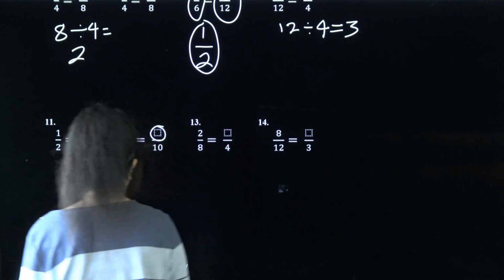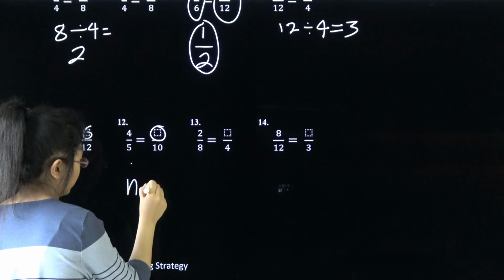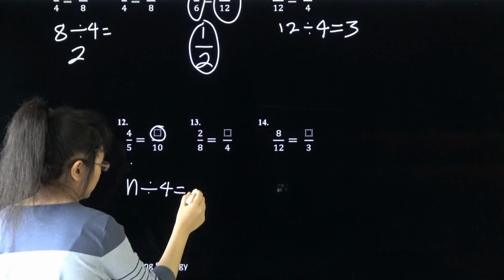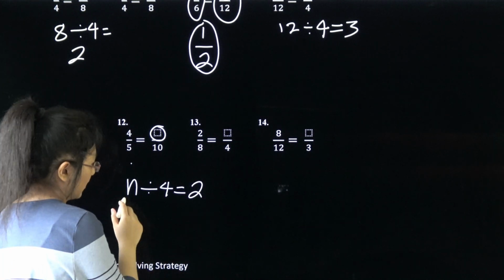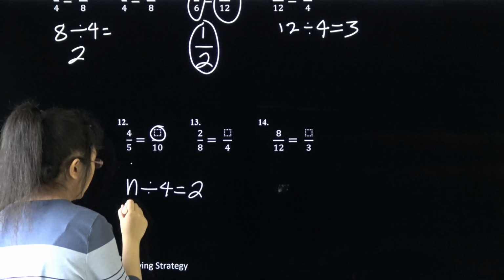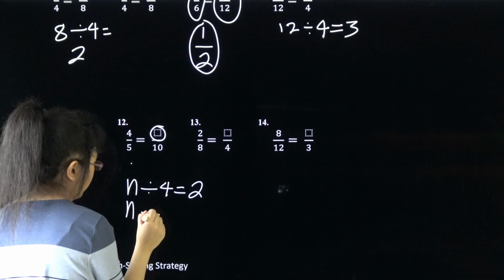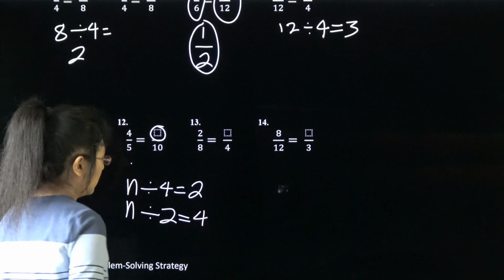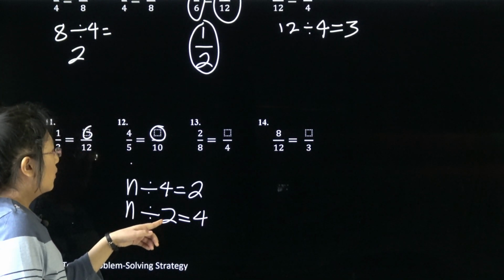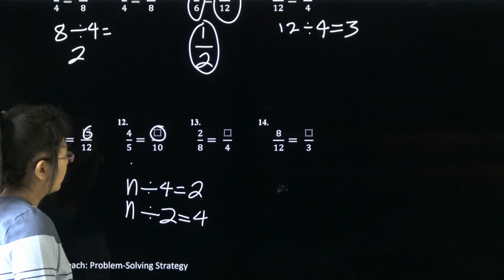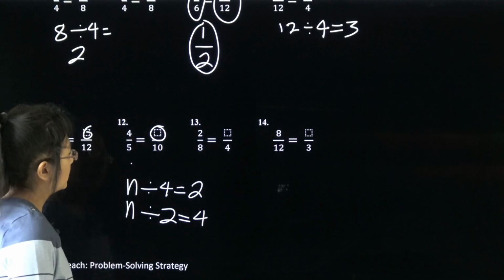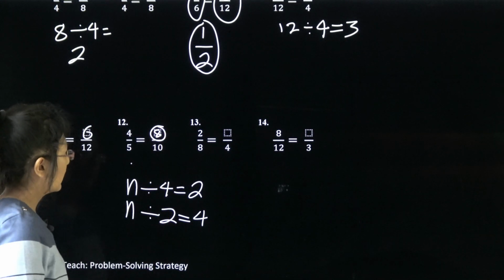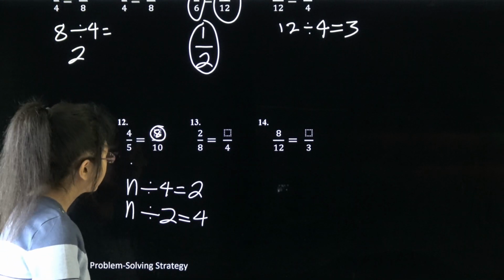And since we know that if something is divided by another thing to equal another thing, such as something divided by 4 equals to 2, then something divided by 2 also equals to 4. So if this divided by 2 equals to 4, then 4 times 2 would equal to this. So 4 times 2 equals to 8.